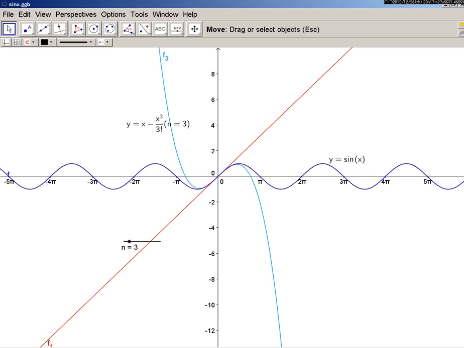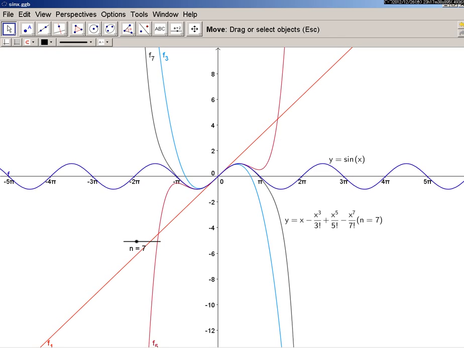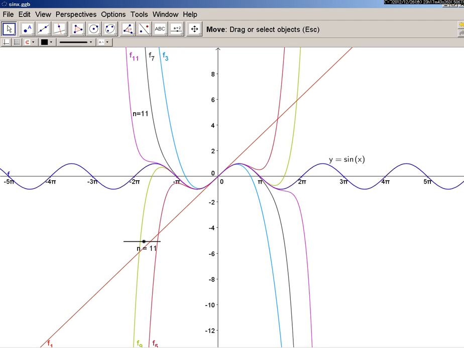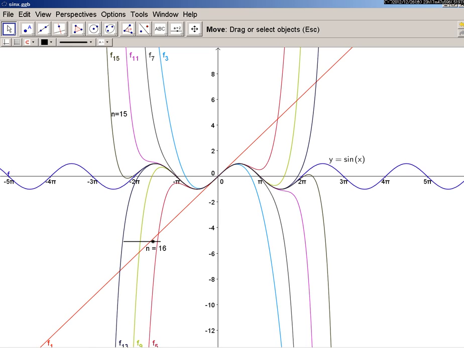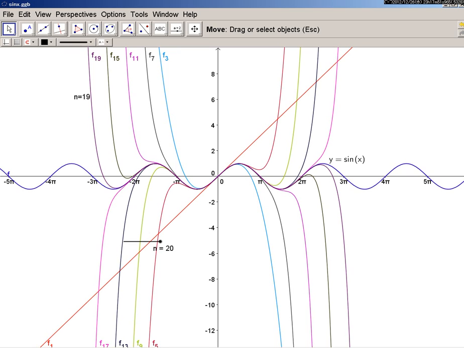But the third polynomial is different: y equals x minus x cubed over 3 factorial. As n increases, the series converges in a wider range.